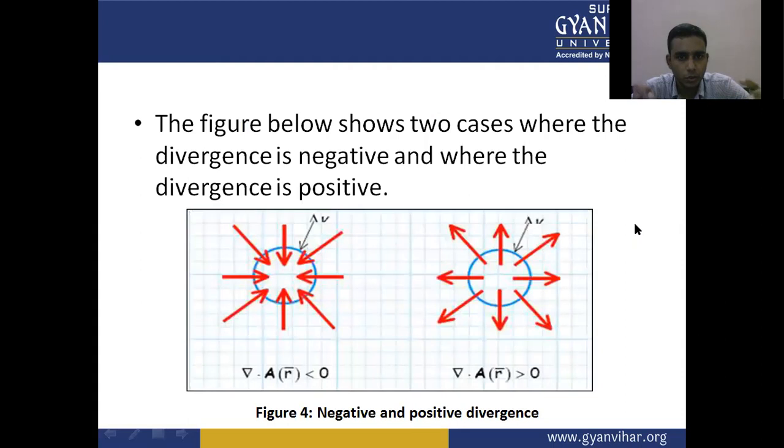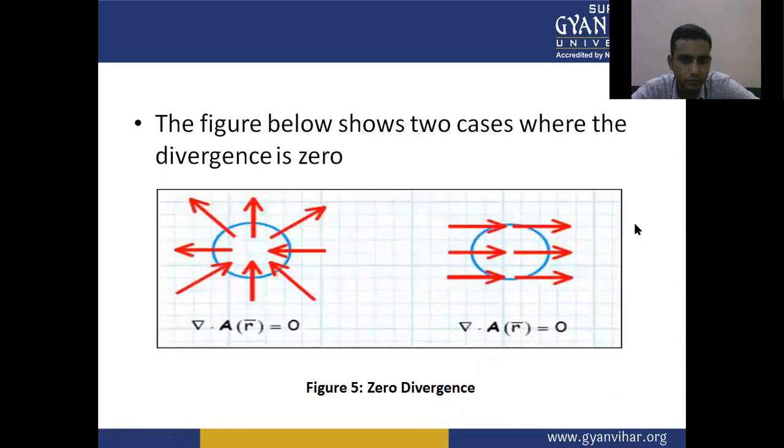The figure below shows the two cases where the divergence is negative and where the divergence is positive. The first case shows that the divergence is negative because the lines are coming inside the closed surface, and in the second case, the lines are going outside the closed surface. So that's why the divergence is positive.